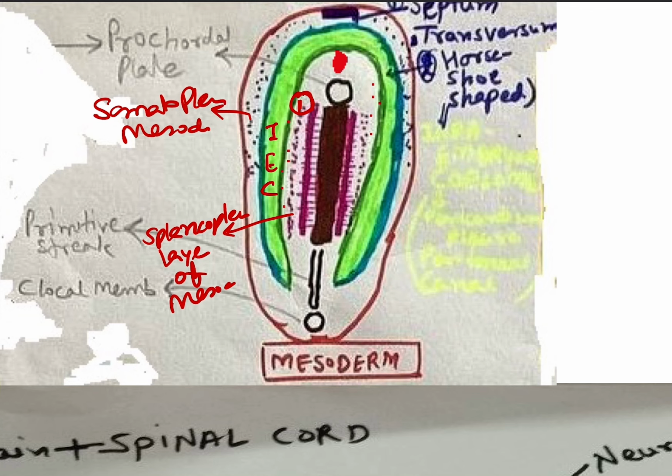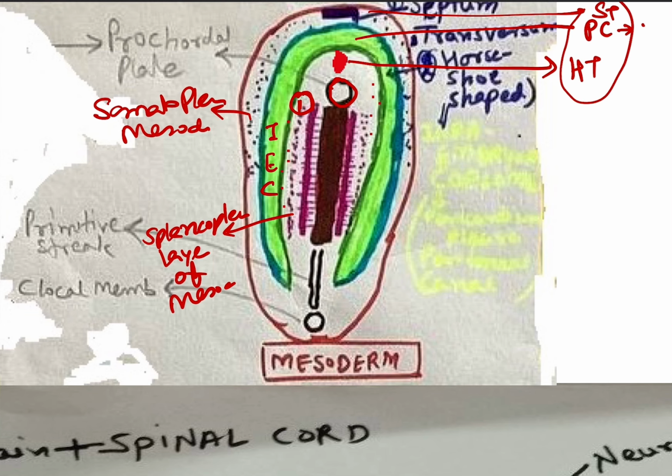Okay friends, so I explained about these three structures. Cranial to this buccopharyngeal membrane is the heart tube, then the pericardial cavity forms, and the cranial-most is the septum transversum. I am showing all three structures again.